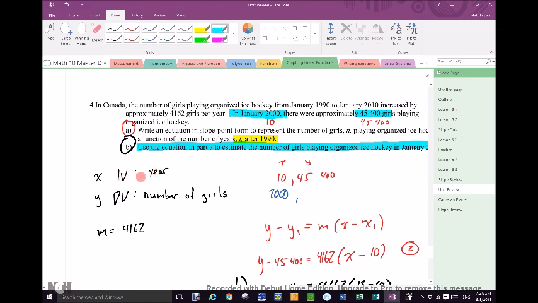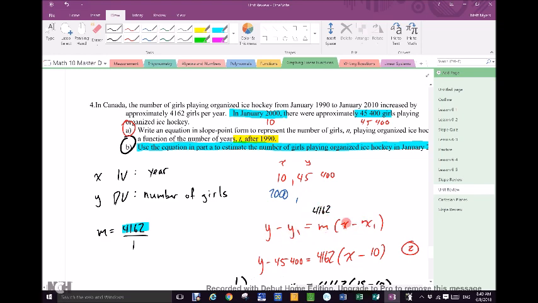One was years, one was number of girls playing hockey. You also know that every year it changed by that much. So if that's its rate of change, 4,162 girls per year, then the slope must be 4,162, which means you have this formula right here with 4,162 for slope.